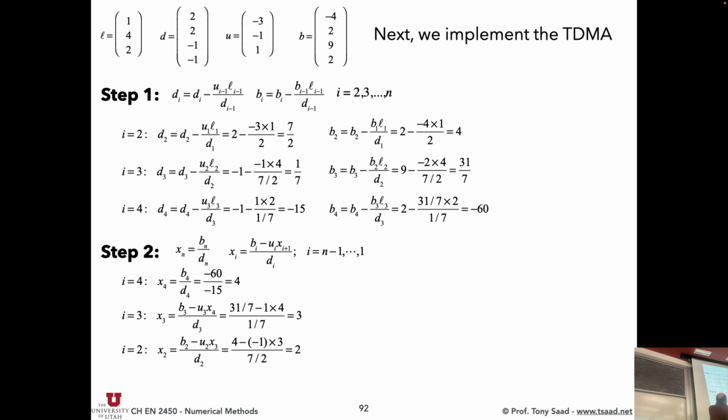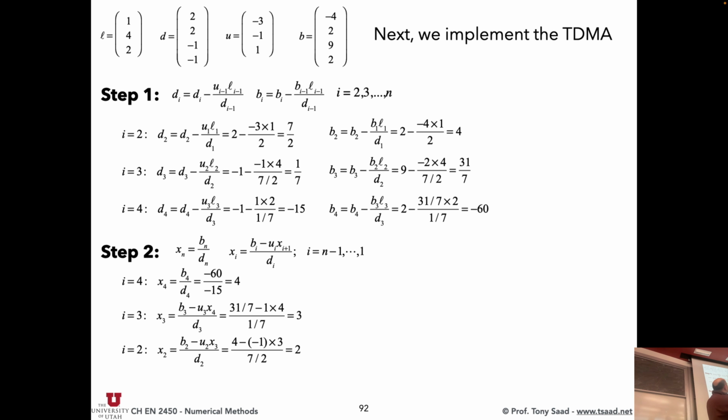Now with the backward substitution, I probably screwed up over here, but I might have the right answer. Does anyone have a calculator? Did you do it right, Abigail? Okay, and B2 is equal to 2 minus, okay, B1 is minus 4 times L1 times 1 over D1, which is 2, okay?